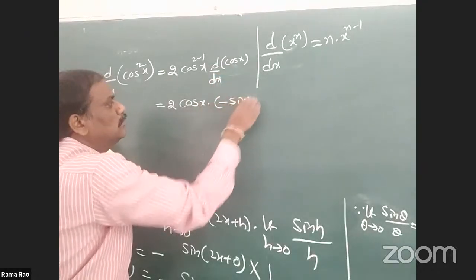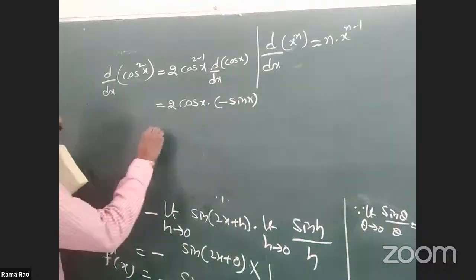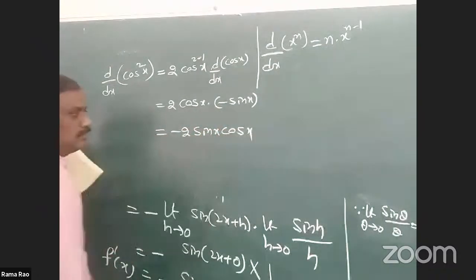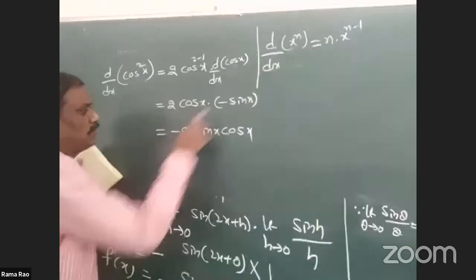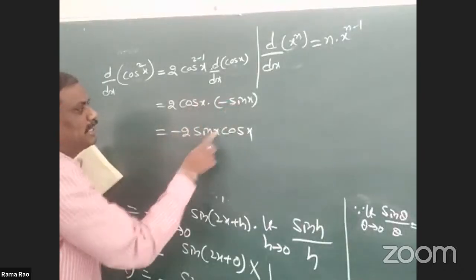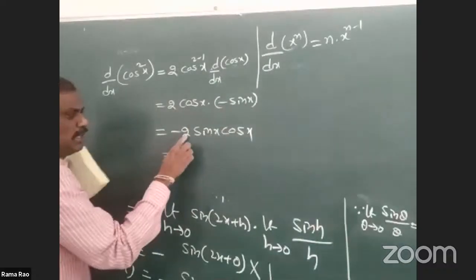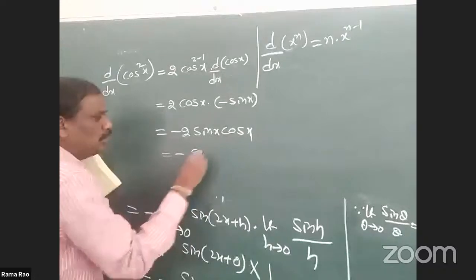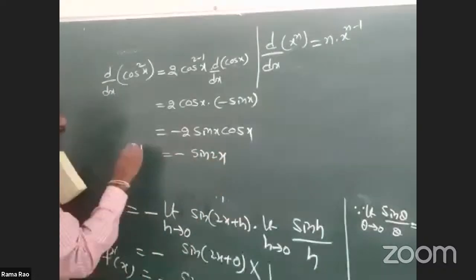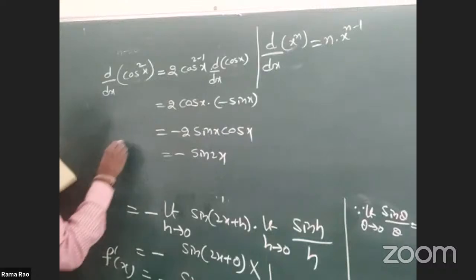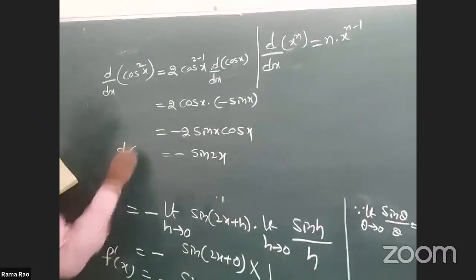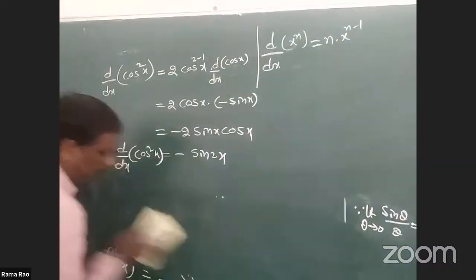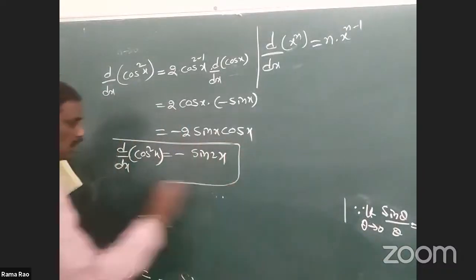We get 2 into cos x to the power 2 minus 1, which is 1, into the derivative of cos x, which is minus sin x. This is equal to minus 2 sin x cos x. We know the formula 2 sin x cos x equals sin 2x. So d by dx of cos square x is equal to minus sin 2x. This is the shortcut.